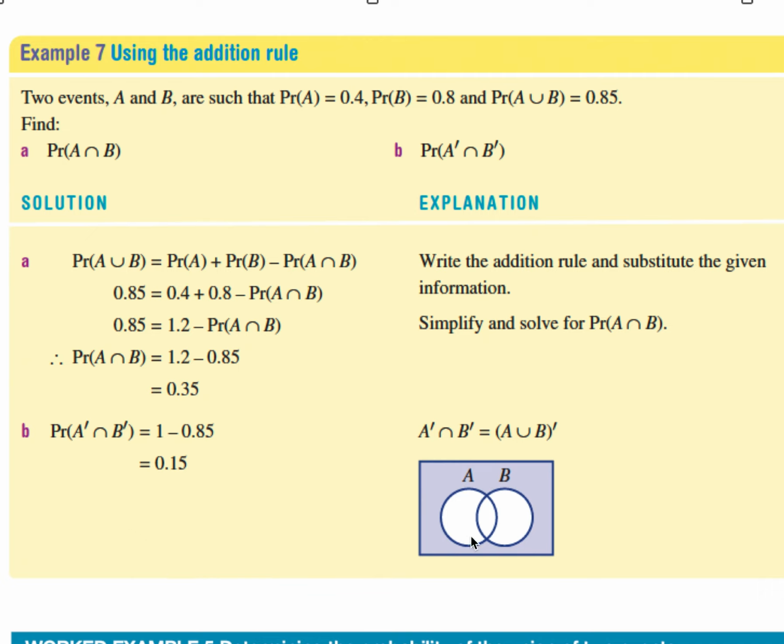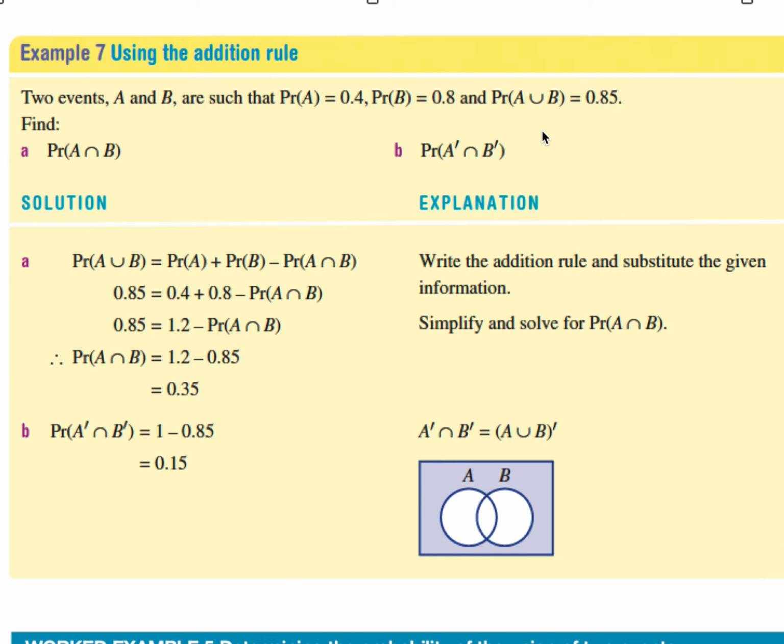So if I look at this, A or B, it's not, so it's basically everything around this outside. So what I'm going to do is 1 minus 0.85, and the way I get my 0.85 is because I'm told here A or B is 0.85.